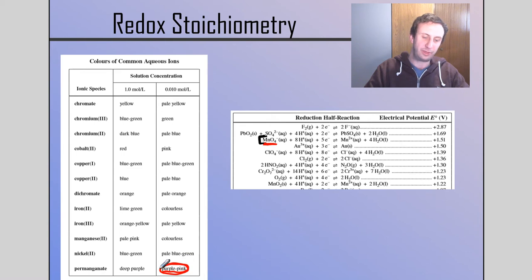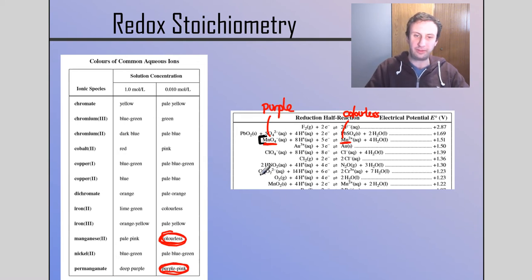It starts out pink or purple, and then the Mn2 positive that it turns into once it has reacted is colorless essentially at the concentrations we're going to be looking at, which is normally very dilute. So this is colorless, while this right here is purple.